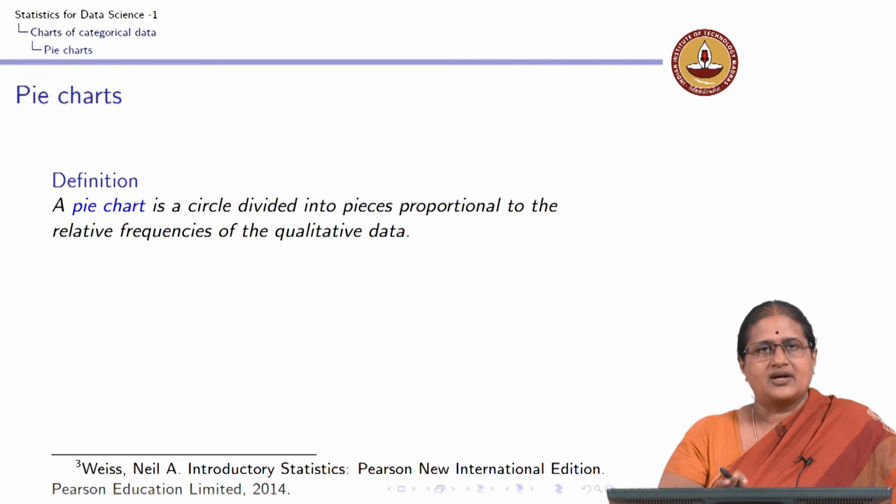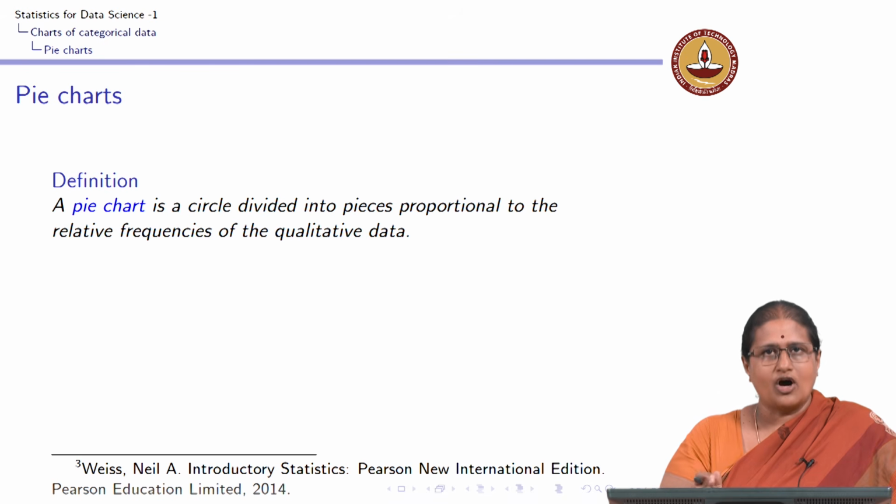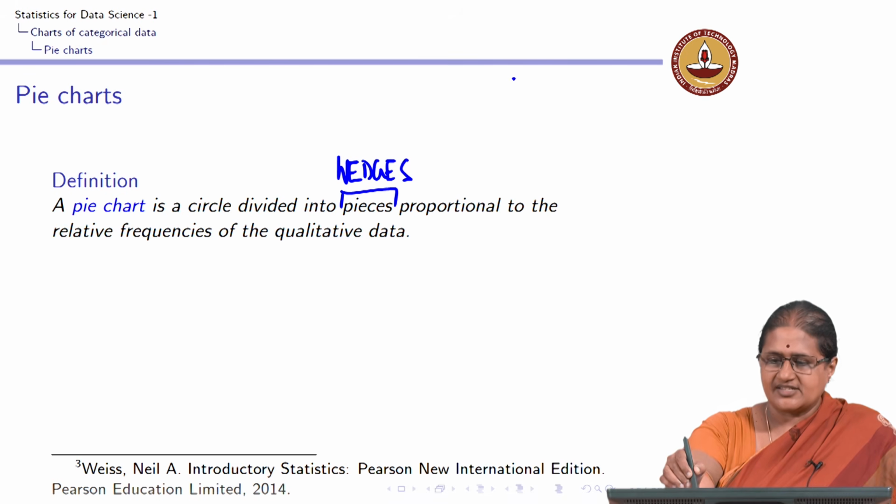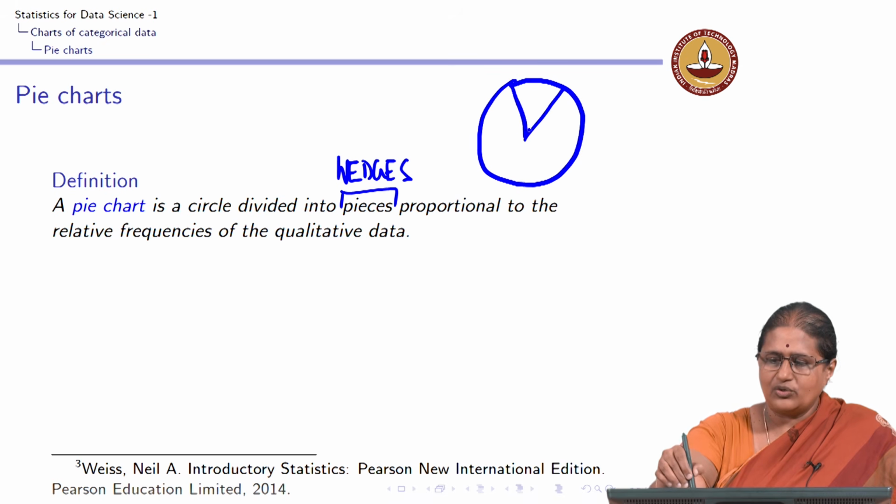Recall that a pie chart, so I can define a pie chart as a circle that is divided into pieces or wedges. Some textbooks refer to this as wedges. The reason why it is called a wedge is a pie chart is a circle or a disc which is divided into pieces or wedges.